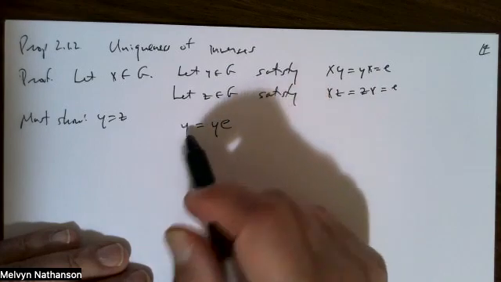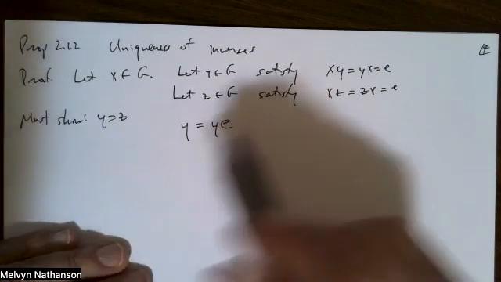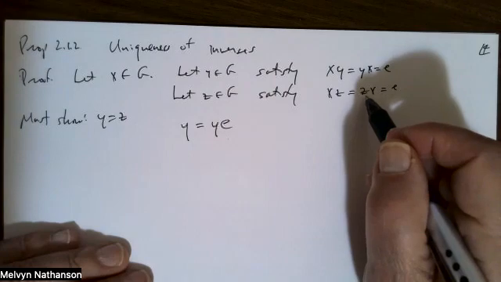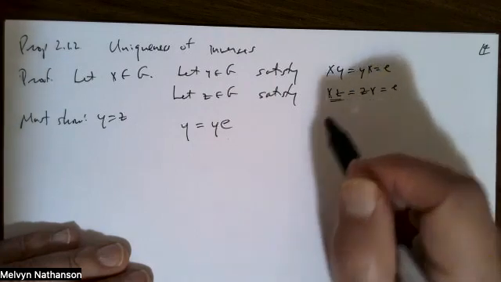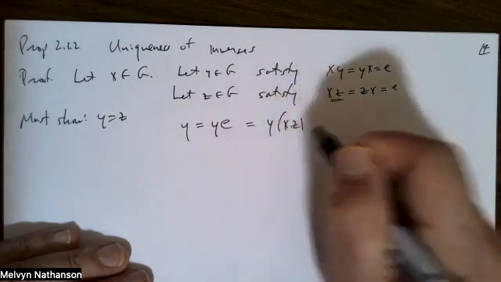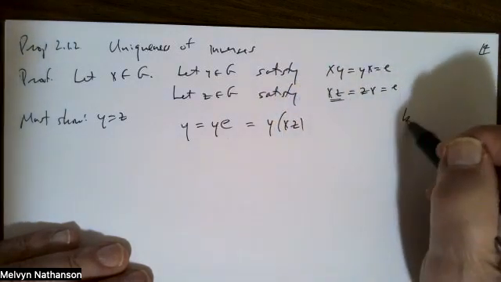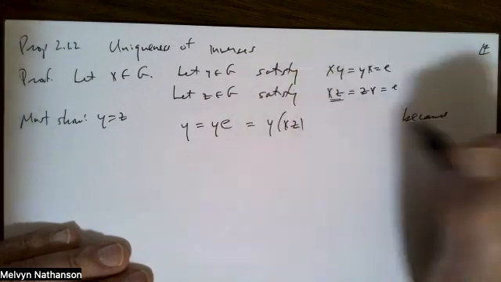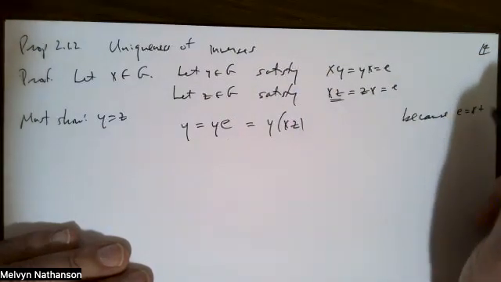Multiply Y by the identity, you get Y. But you can also write the identity as X times Z. This is Y times XZ, because E equals XZ.